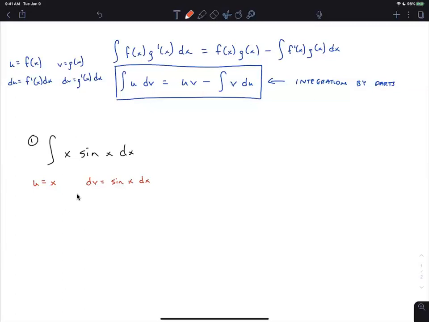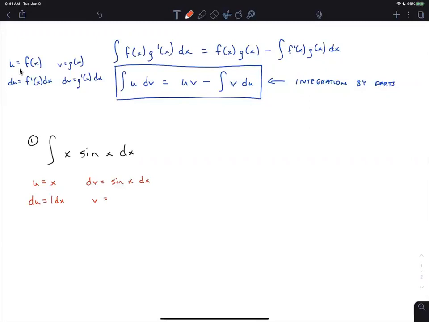To go from u to du, you take the derivative. What is the derivative of x with respect to x? Just 1, right? And so we get 1 dx for du. But to go from dv to v, you take the antiderivative.